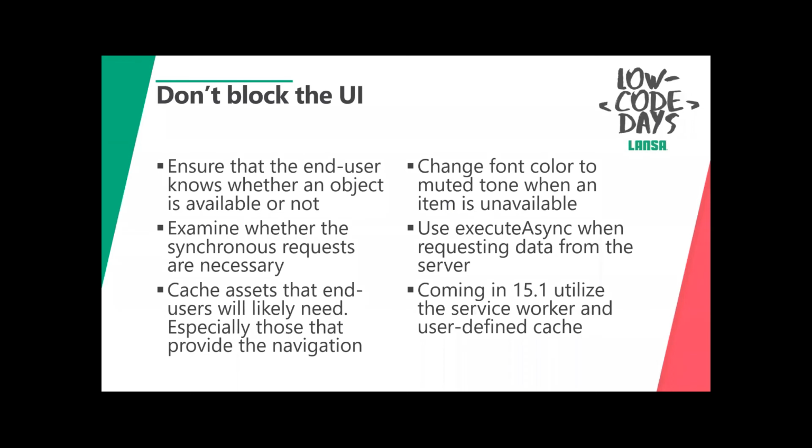So you want to be in a position in which, for our request, perhaps you don't necessarily need to do as many synchronous requests as you think. So you would want to experiment with using execute async to help not block the user interface.